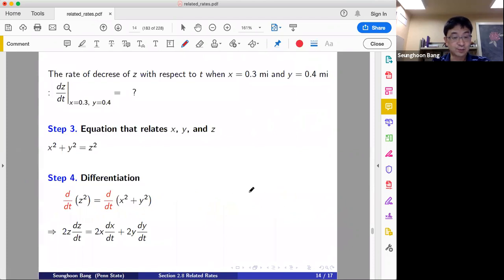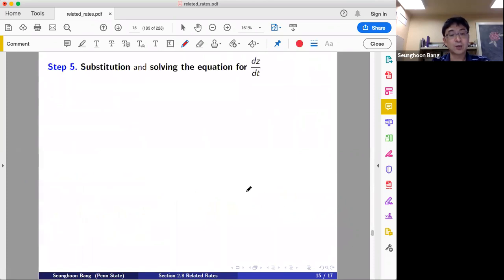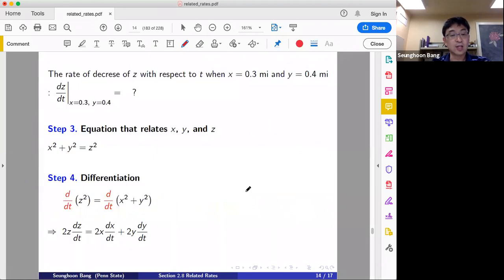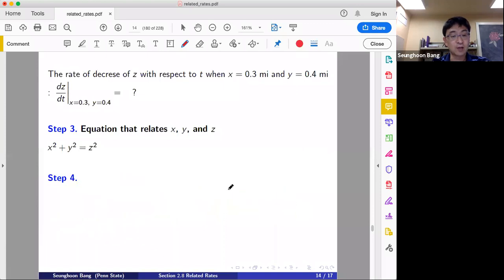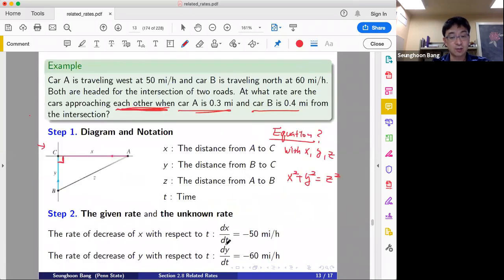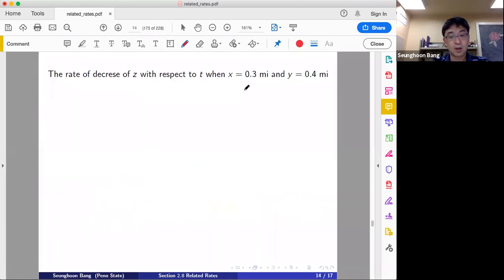The next thing, substitute and solve this equation for the unknown rate dg of dt. The given information is here: dx of dt is negative 50, dy of dt is negative 60, x equals 0.3, y equals 0.4.